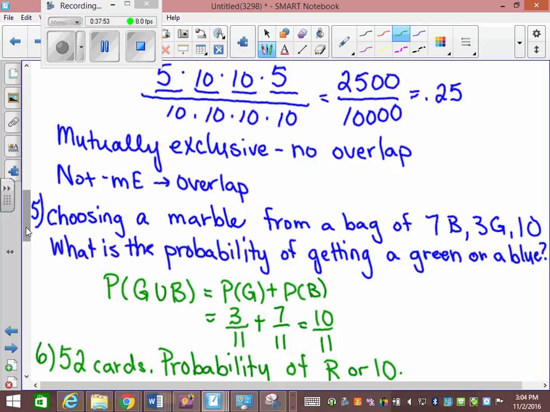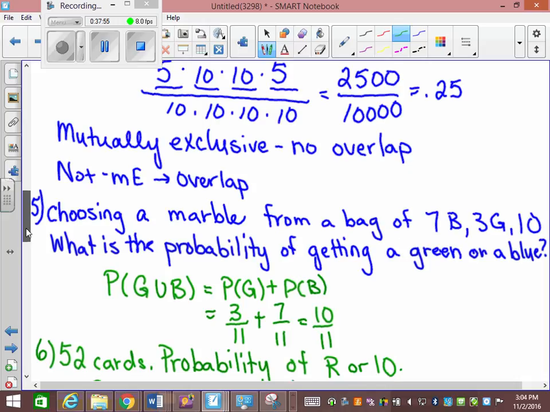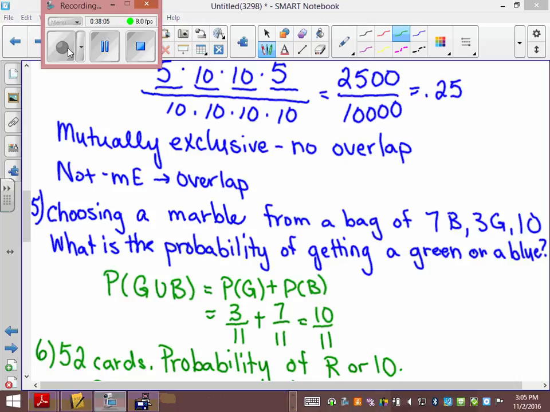Now try number 6. There's 52 cards. I'm going to pull out one card. What's the probability of getting a red or a 10? Try it out. Okay, are they mutually exclusive or not? Red and 10. Not, because there's 2 red 10s, right?